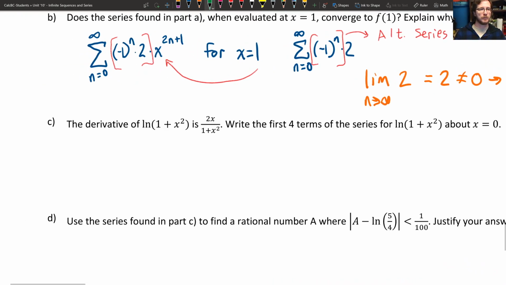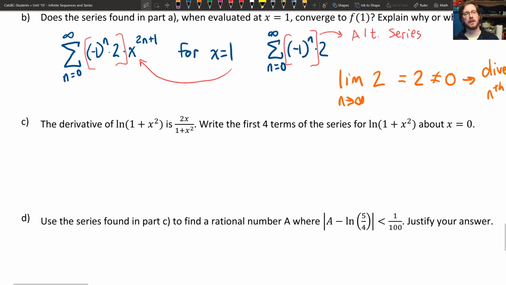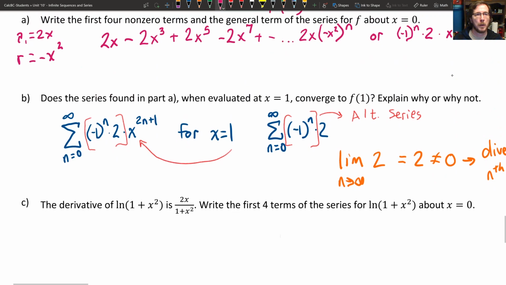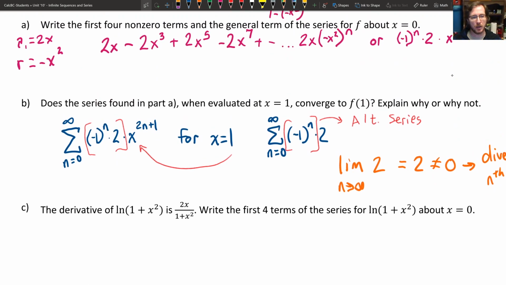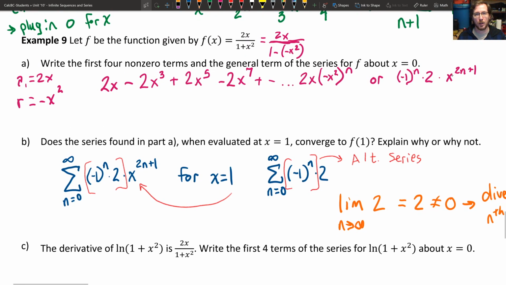All right. Part C says the derivative of natural log of 1 plus x squared is 2x over 1 plus x squared. Write the first 4 terms of the series for natural log of 1 plus x squared about x equals 0. All right, so let's integrate our power series that we have up here, since we're told that the derivative of the natural log is 2x over 1 plus x squared.